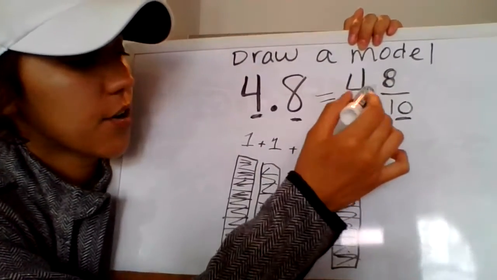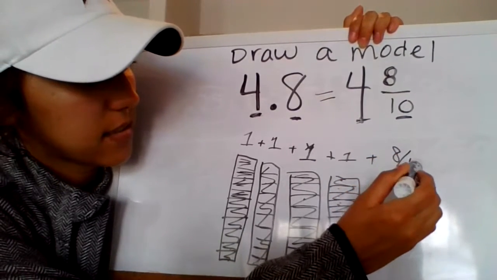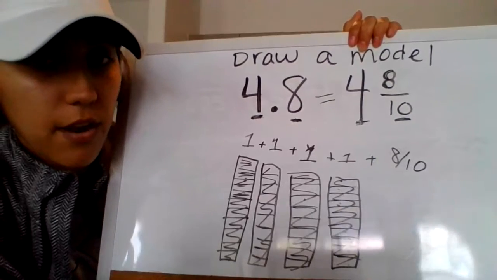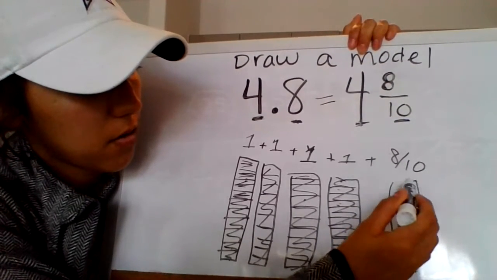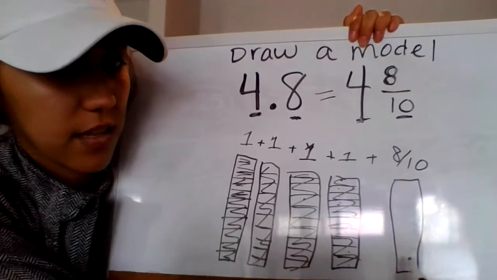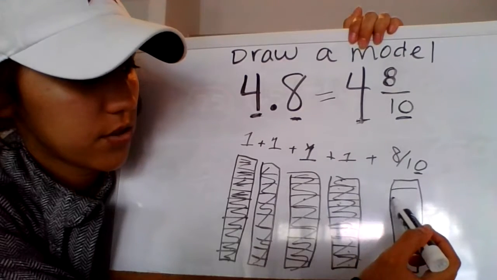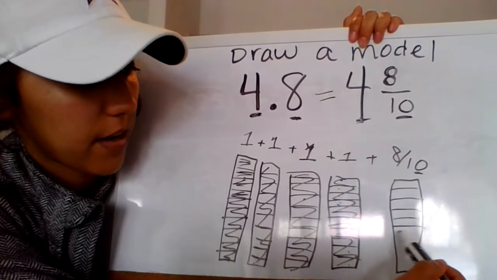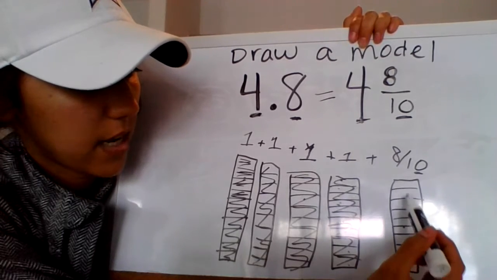So then now I need to create a model that represents 8/10. How can I create a model that represents 8/10? Well, I'm going to draw my rectangle again. And how many parts am I going to break this whole into? That's right, 10.